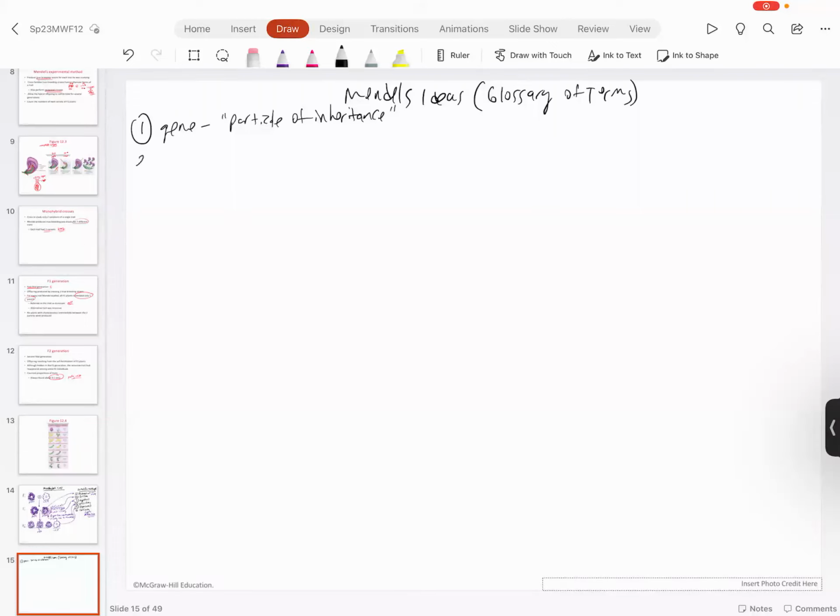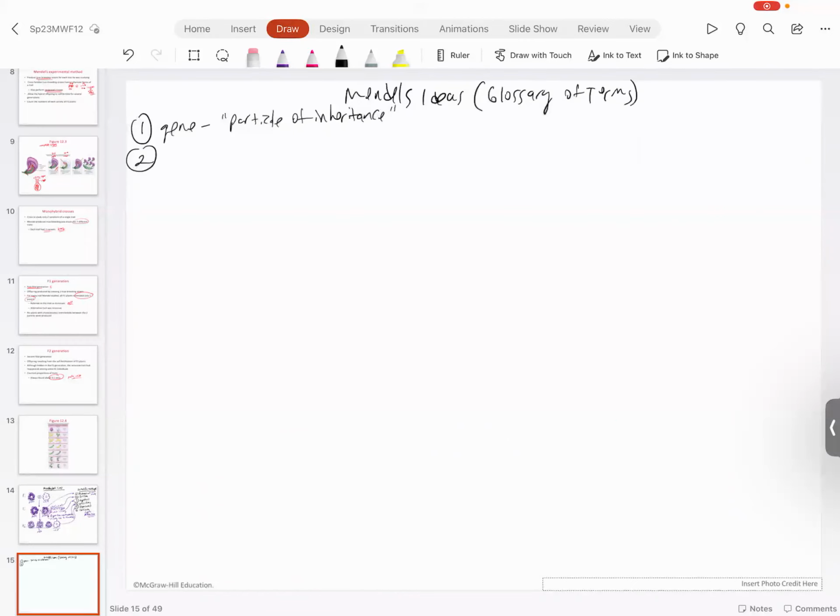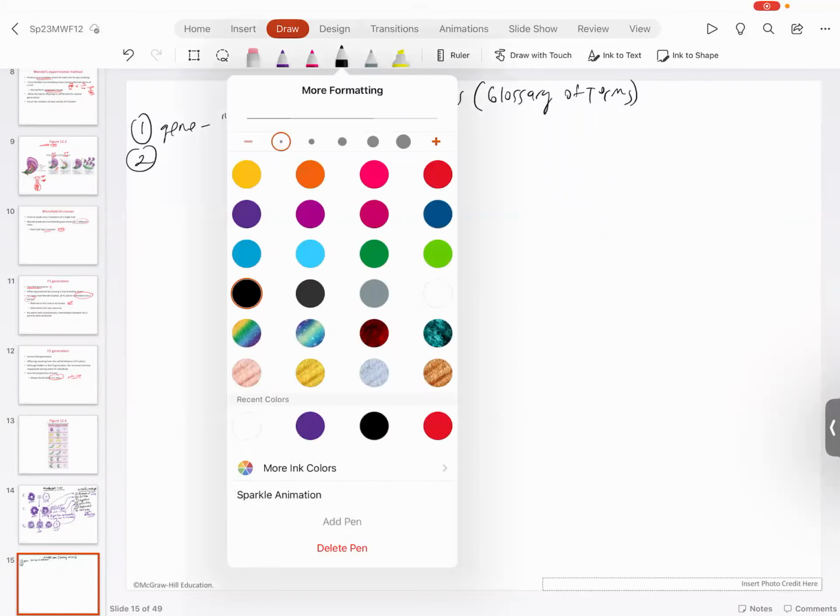However, Mendel's a smart guy. So he's taking a look at this. You've got purple flowers and white flowers. So in one sense, your gene, your particle of inheritance, is governing a particular trait. That trait is what? It's flower color.